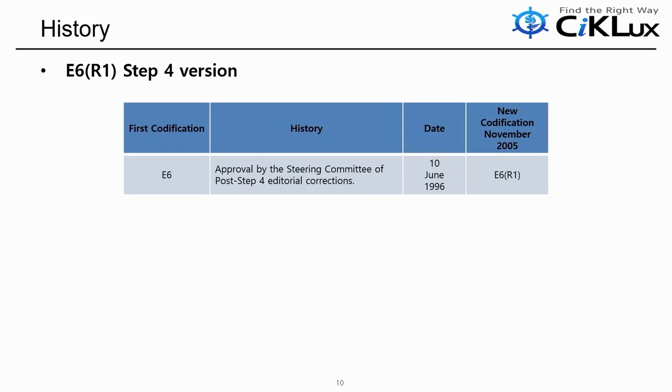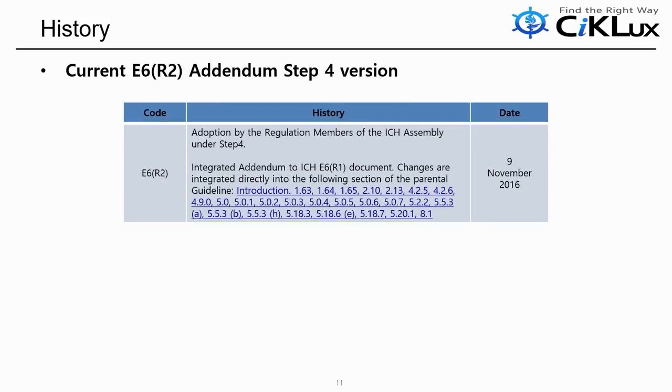So for the past 20 years, the ICH E6 R1 version, which was made in 1996, applied. And after that, in 20 years, R2 was generated. In 2016, you may know that KGCP was revised, and ICH GCP was also revised.